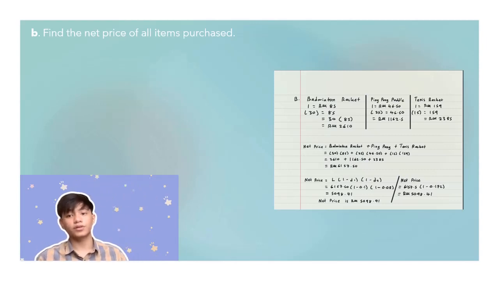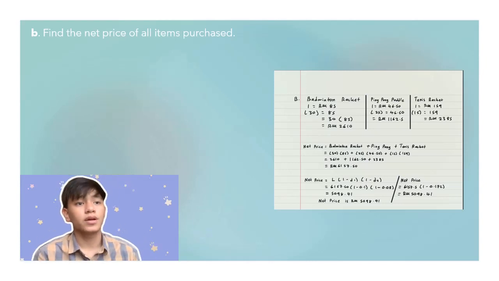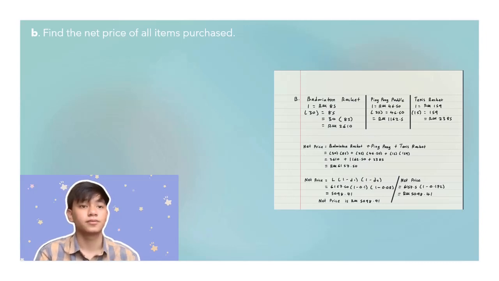After we get all the original prices, we can find the net price of these three items.